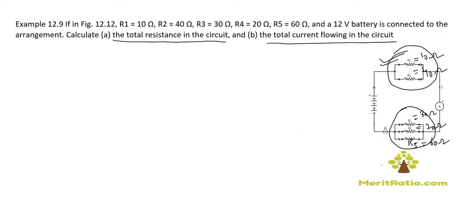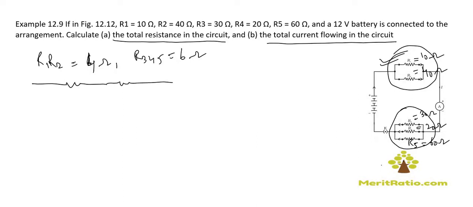So we have got the value of R12, this is rather 4 ohm, and R345, this is 6 ohm. If we draw a diagram, in this diagram we can see R12 is 4 ohm, and R345 is 6 ohm.